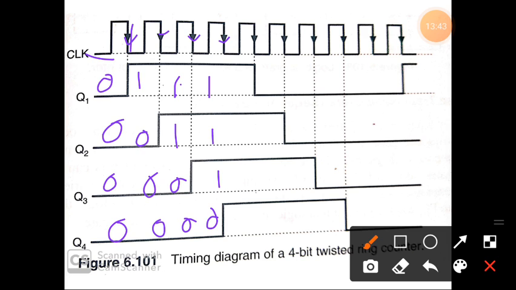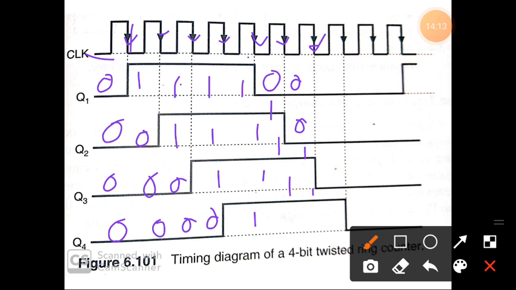Then on the next negative edge of the clock pulse all will be 1. Then Q1 goes to 0, Q2 will be 1, Q3 will be 1, Q4 will be 1 on the next clock pulse. At the next edge Q1 and Q2 go to 0, Q3 1, and Q4 1.